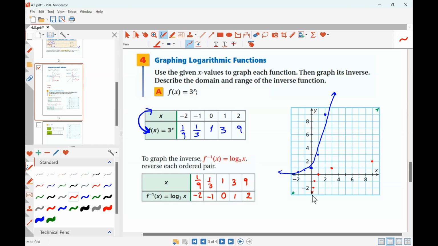So connecting the points and extending the lines will give us the logarithmic function I am looking for.